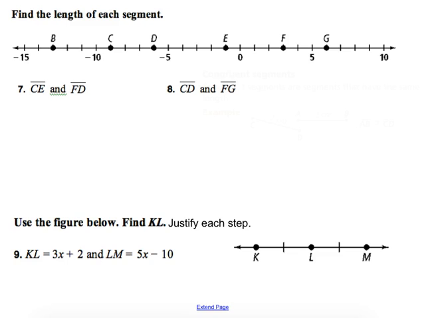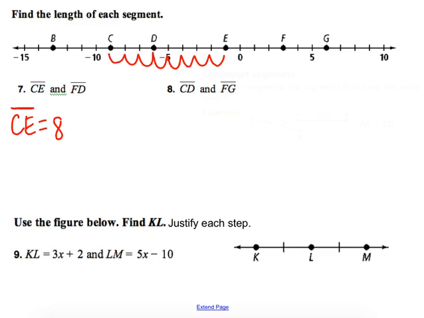Okay, so find the length of each segment. I'm just going to count because it's giving me a number line, and that's the easiest thing to do right here. So CE, 1, 2, 3, 4, 5, 6, 7, 8. So CE equals 8. Now, when you write what a segment equals, you don't put the bar on top.